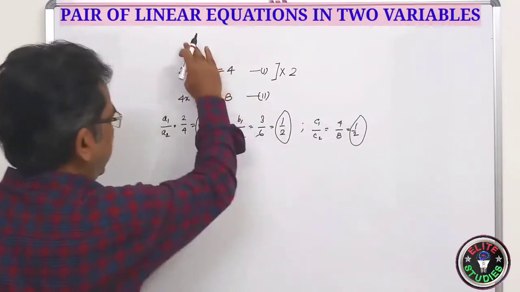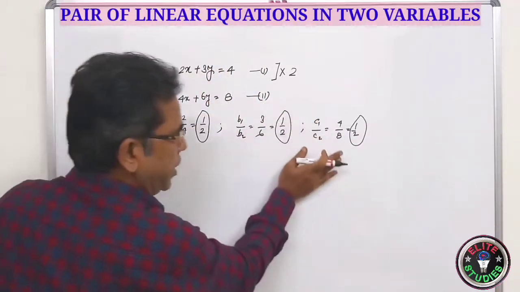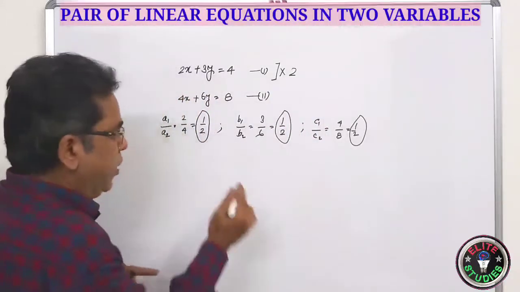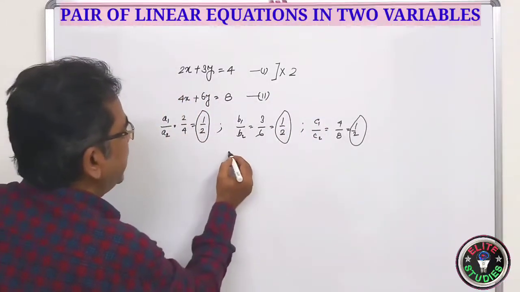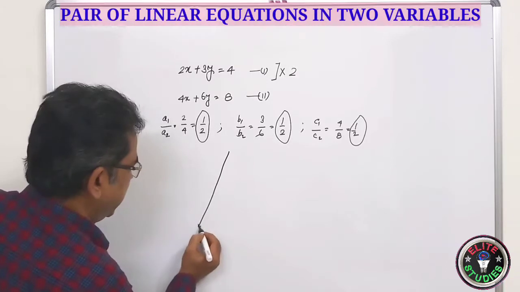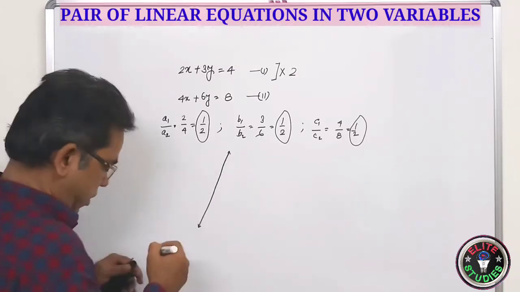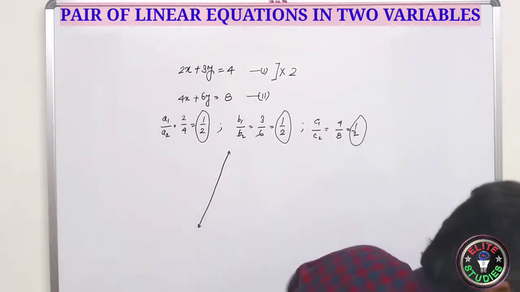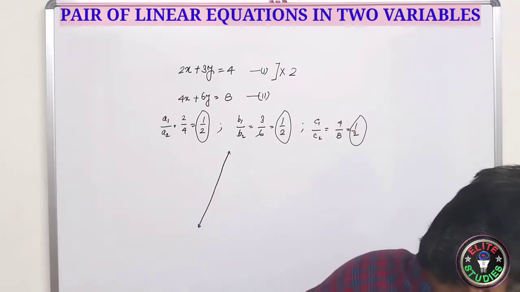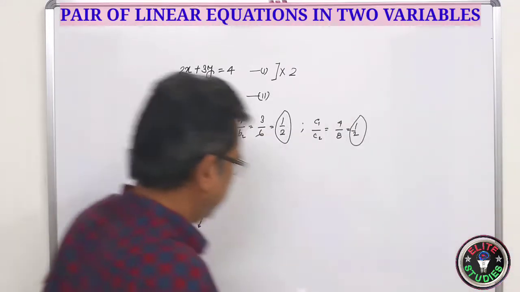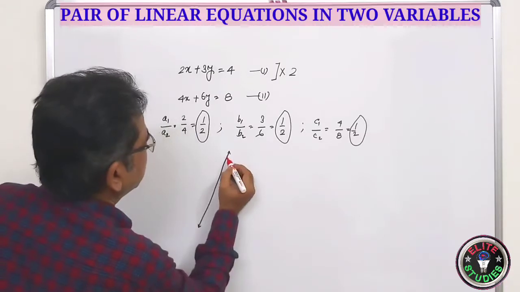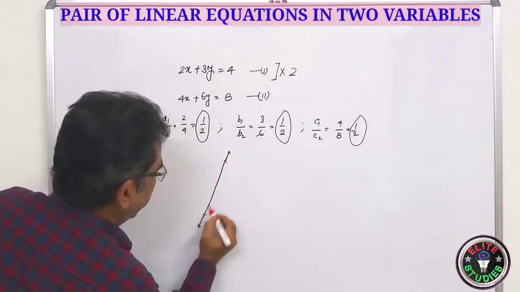If you get this after doing a1 by a2, b1 by b2 and c1 by c2, from here we can say that the graph will be just like this.